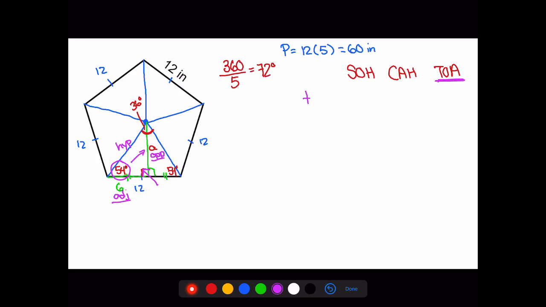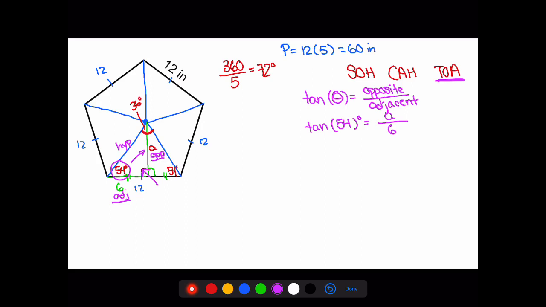So let's just go ahead and write out our formula. Tangent of theta is equal to opposite over adjacent. So we get tangent of our angle, which is 54 degrees. That's the angle we're focusing on in this one, 54, is equal to opposite, which is our apothem, A, divided by our adjacent, 6.